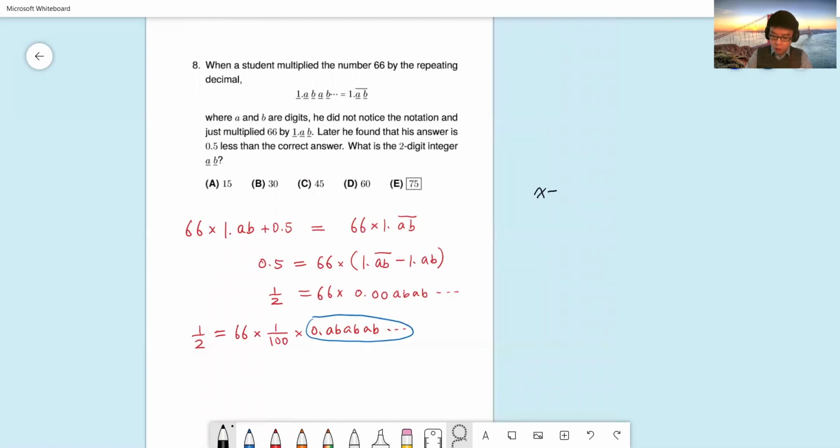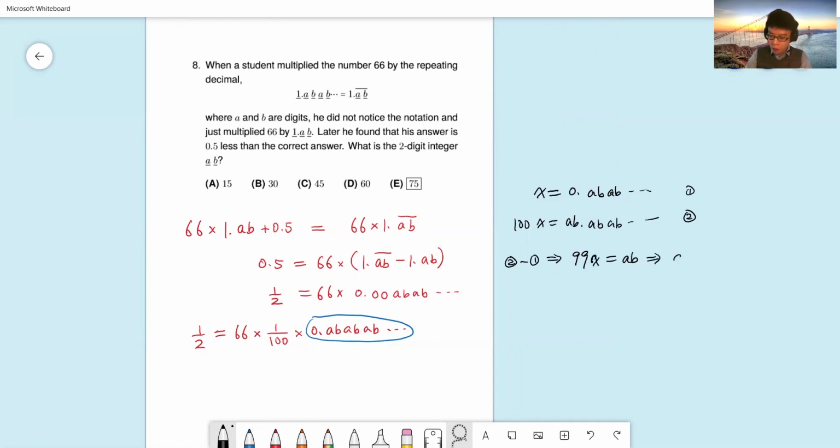So let's say x equals 0.ABAB repeating. We multiply this by 100: 100x equals AB.ABAB repeating. And we do subtraction: the second minus the first implies 99x equals AB.